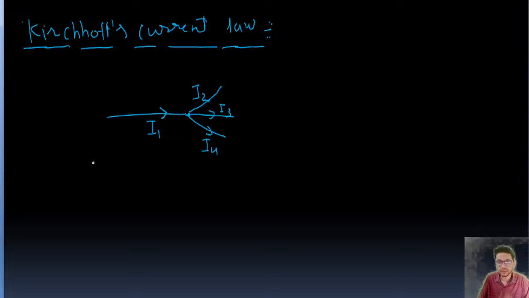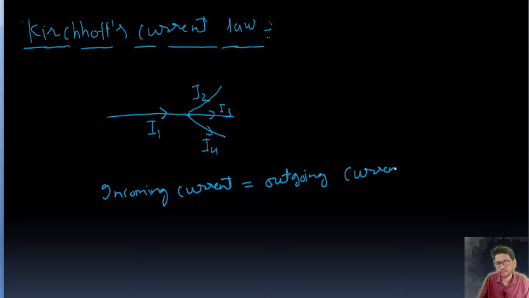So from Kirchhoff's law, I1 equal to I2 plus I3 plus I4. Okay, I1 equal to I2 plus I3 plus I4.